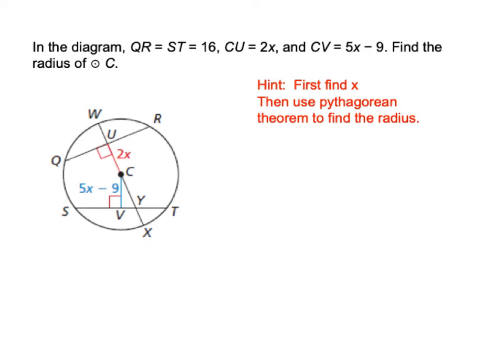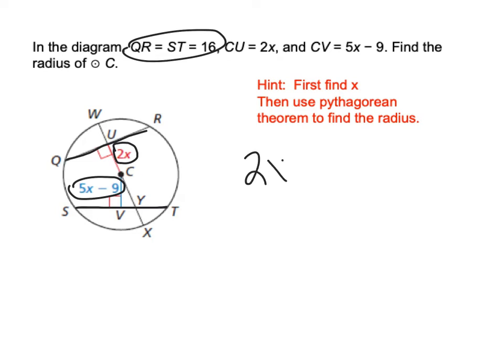If we know we have two chords that are congruent, we have QR here, and we have ST, and they're congruent. We know that because it tells us that up here. And we know that they are 16. Okay, so if we have two chords that are congruent to each other in the same circle, then that means they're equidistant from the center, which means I know that 2x and 5x minus 9, that's the distance from the center to the chord, are going to be equal to each other.